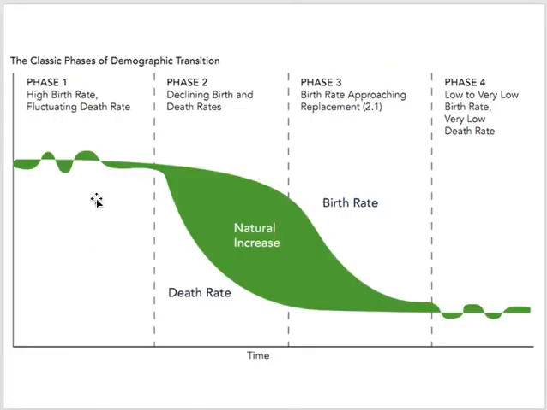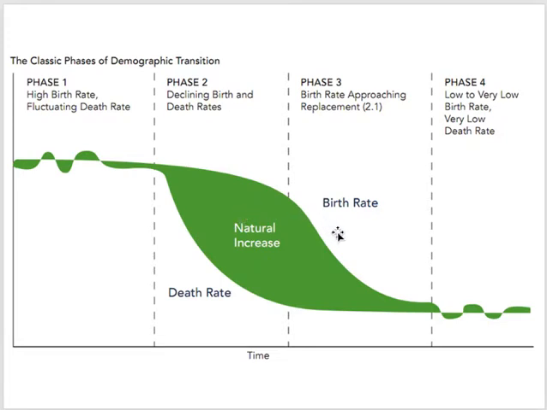So here you see phase 1 of demographic transition, where you see a very high birth rate and also a pretty high death rate. It does fluctuate a little bit, but essentially they are both high. And then in phase 2, you start to see both birth rates and death rates start to fall, but the death rate is falling much faster than the birth rate, so populations tend to increase in number here.